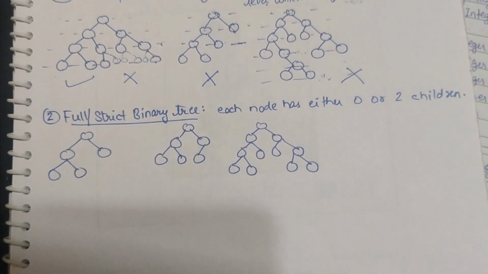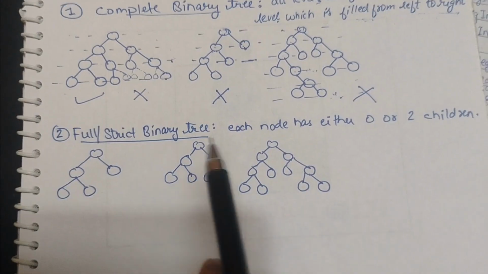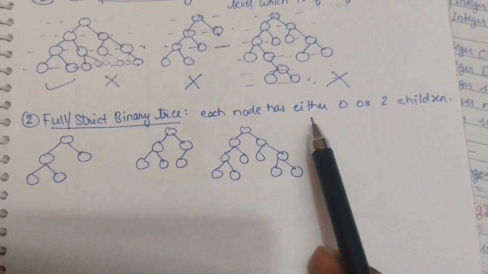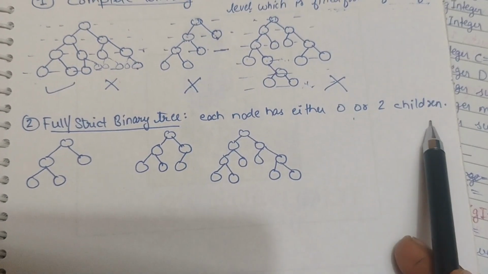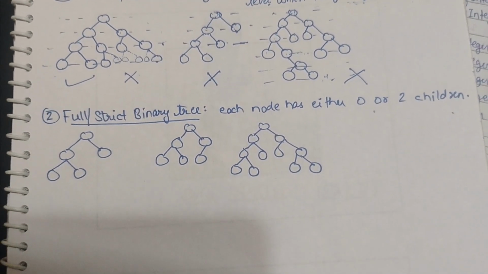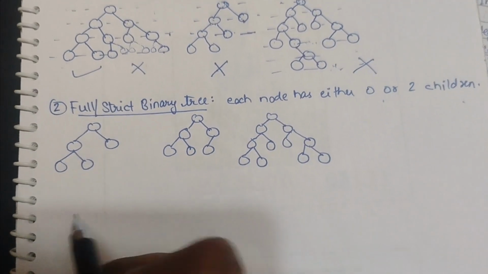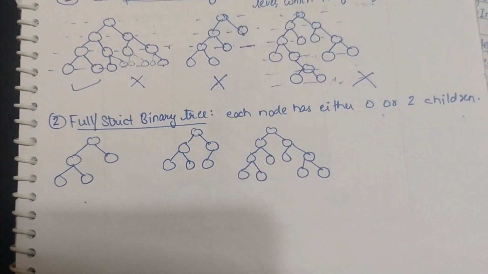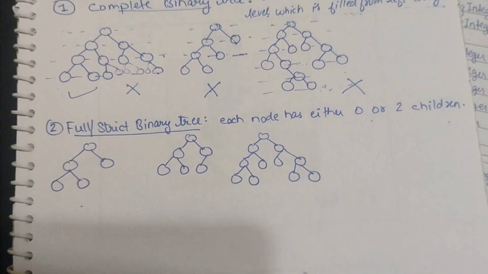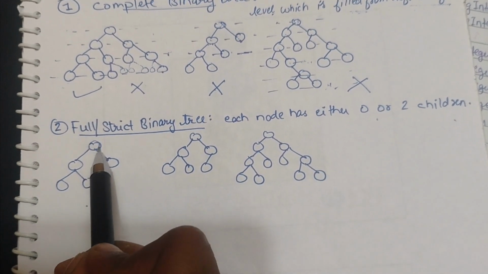Now our second type of binary tree is a full or strict binary tree. The definition says that each node should have either 0 or 2 children. Okay. Now let us understand by seeing the examples. We have 3 examples. In the first example, we again see all the nodes individually. This node.